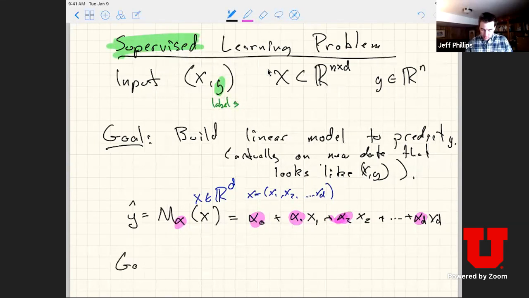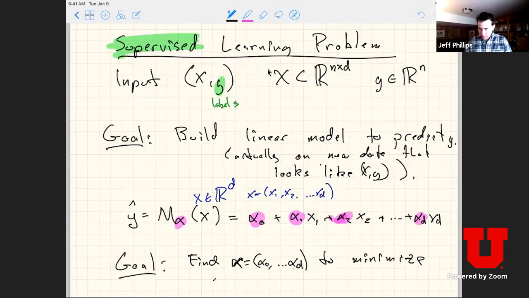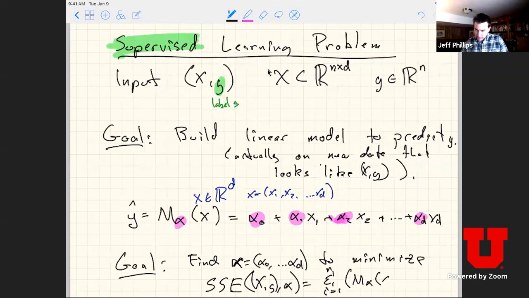And the goal is to find alpha 0 up to alpha d to minimize the sum of squared errors of x, y, alpha, which is going to be the sum from i equals 1 to n over all of the data points of this model m of alpha of xi minus the yi value I observed.